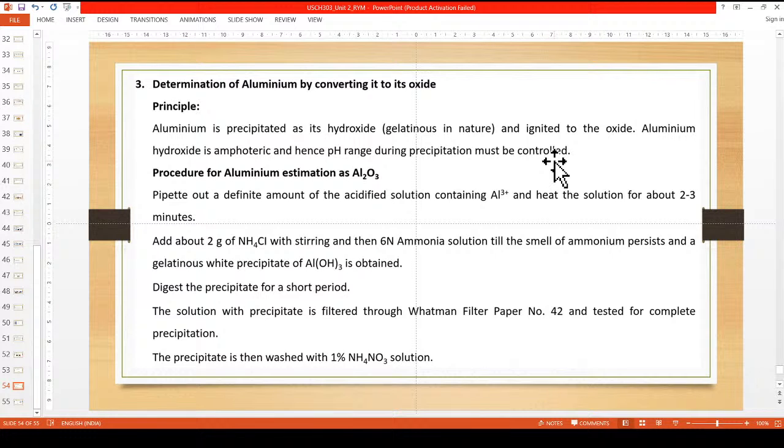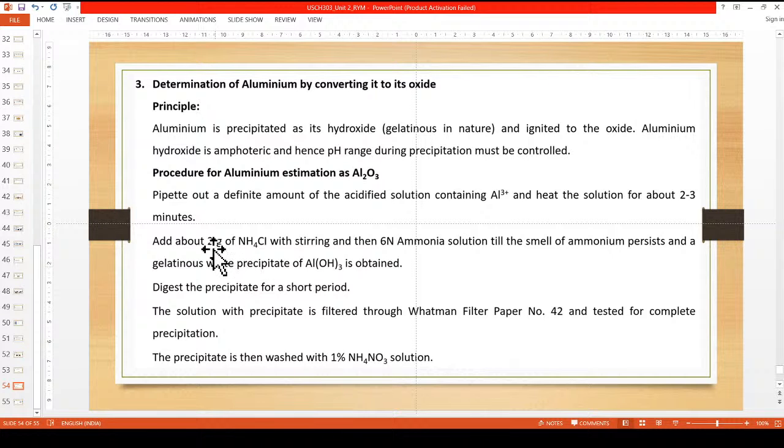So whenever you take aqueous solution of aluminum salts, okay, aluminum salt का aqueous solution लिया, then they produce precipitate of hydrated oxide in presence of 1:1 ammonia. Okay, so to precipitate aluminum, take aluminum salt solution, heat it, and add ammonium chloride.